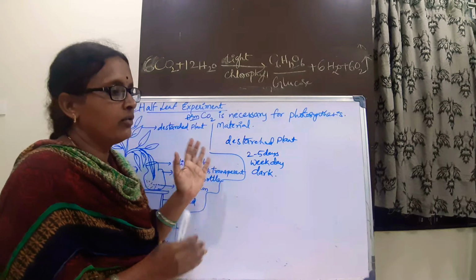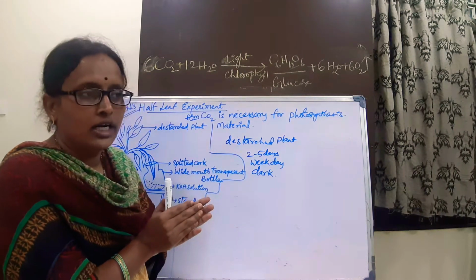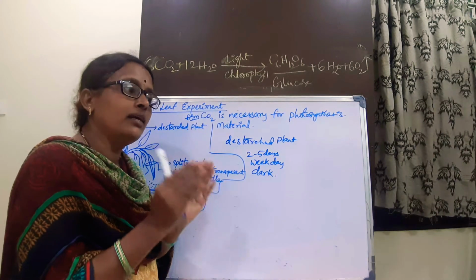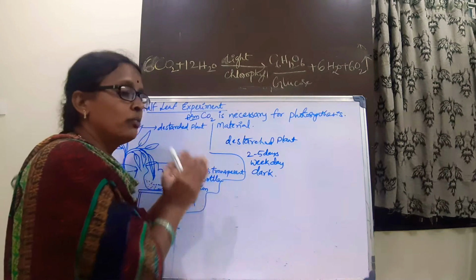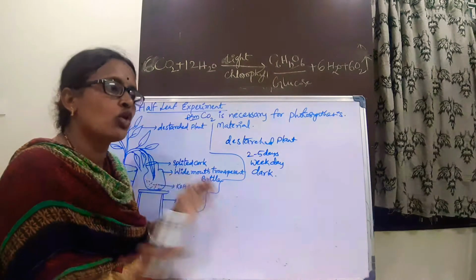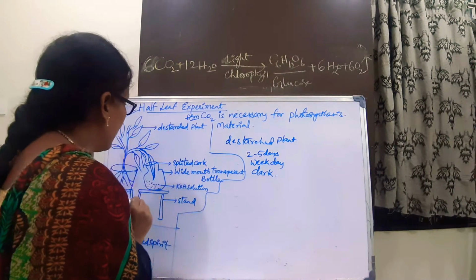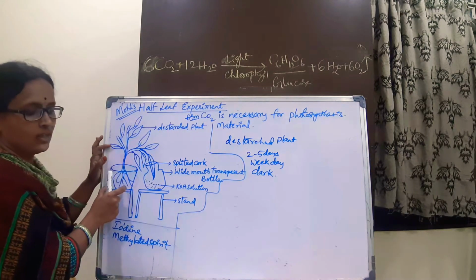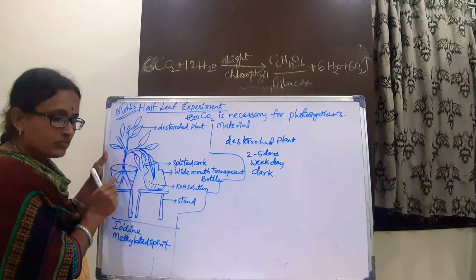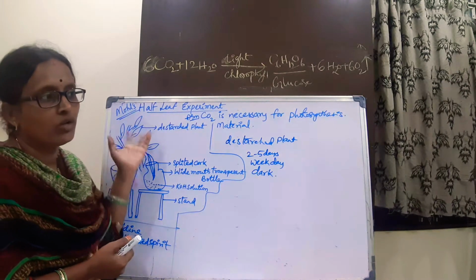So we simply take the potted plant and keep it for 1 week in the dark room, so that whatever food material was previously formed, that is starch, is totally consumed. We take that destarched plant. They may ask the question, how can you destarch?